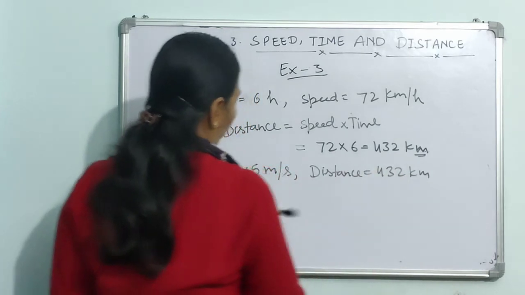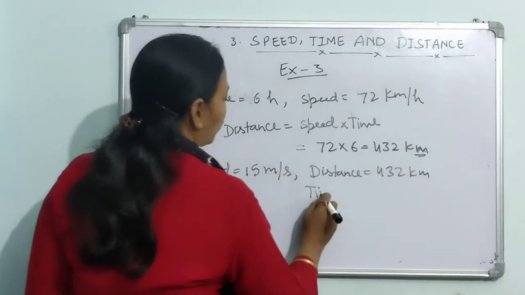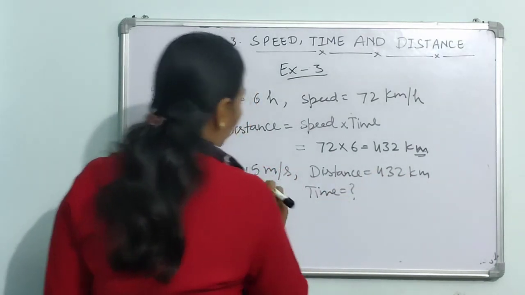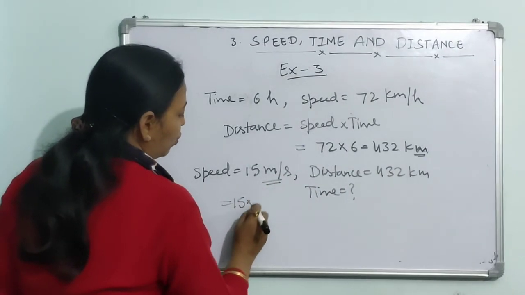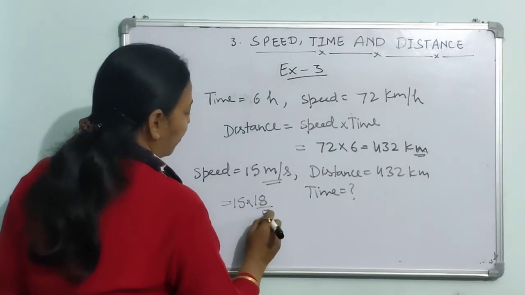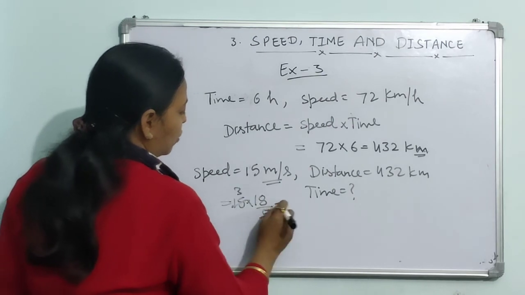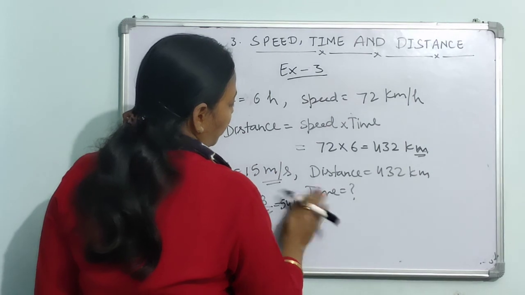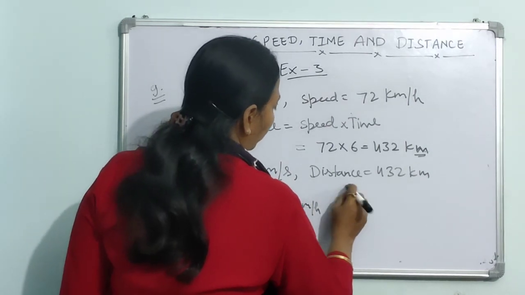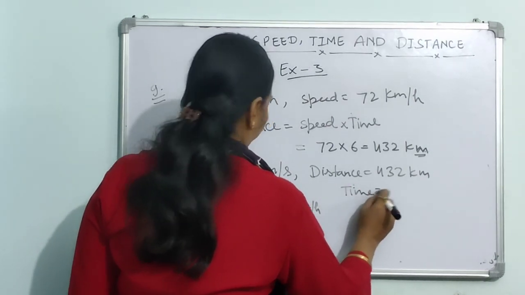Then how long will it take? Means you have to calculate the time. So change this meters per second into kilometers per hour. So 15 into 18 by 5, 5 threes are 15, so it will be 54 kilometers per hour. 54 kilometers per hour is the speed.